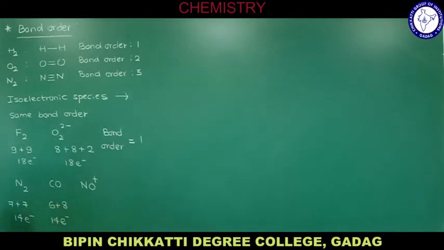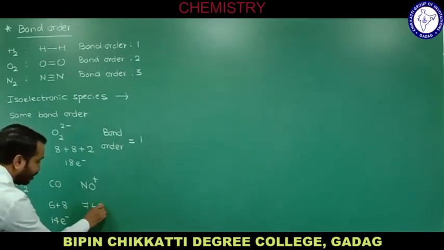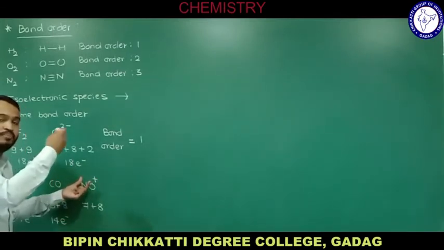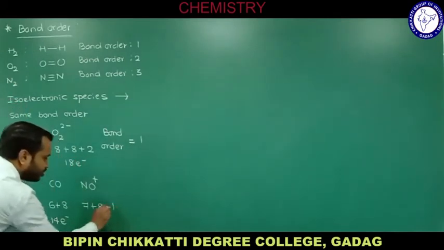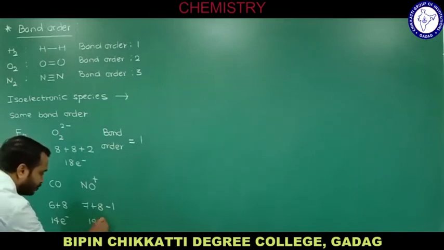So these two are isoelectronic species. What about NO plus? Nitrogen is 7, oxygen is 8, and the plus indicates a cation, meaning loss of an electron. One electron is lost, therefore I write minus 1 here. So in this case also the number of electrons will be 14.